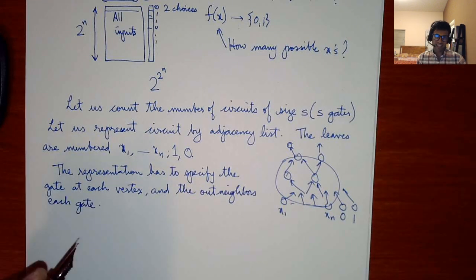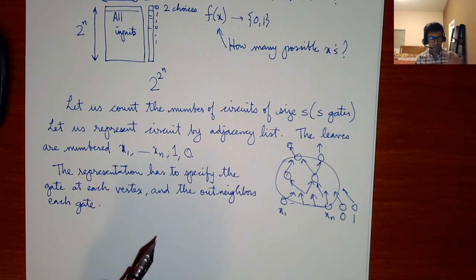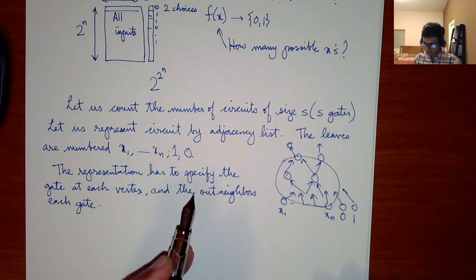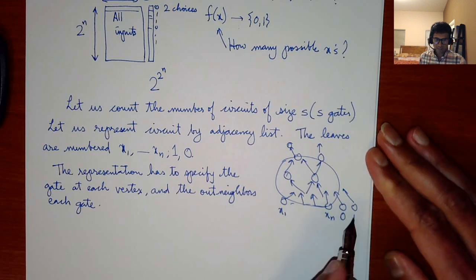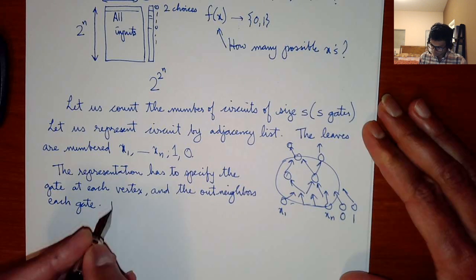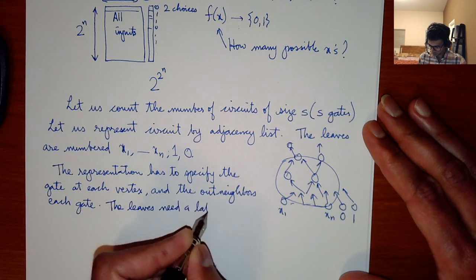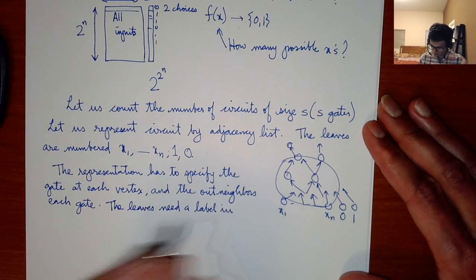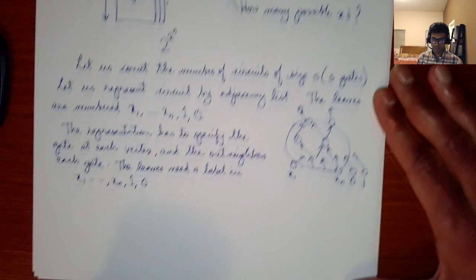That's it, right? The in neighbors get specified automatically through the out neighbors, because if you specify all the out neighbors, then you specify the in neighborhood as well. So you don't need to explicitly specify it, that's automatic. And the leaves need a label in x1 to xn, 1 or 0.